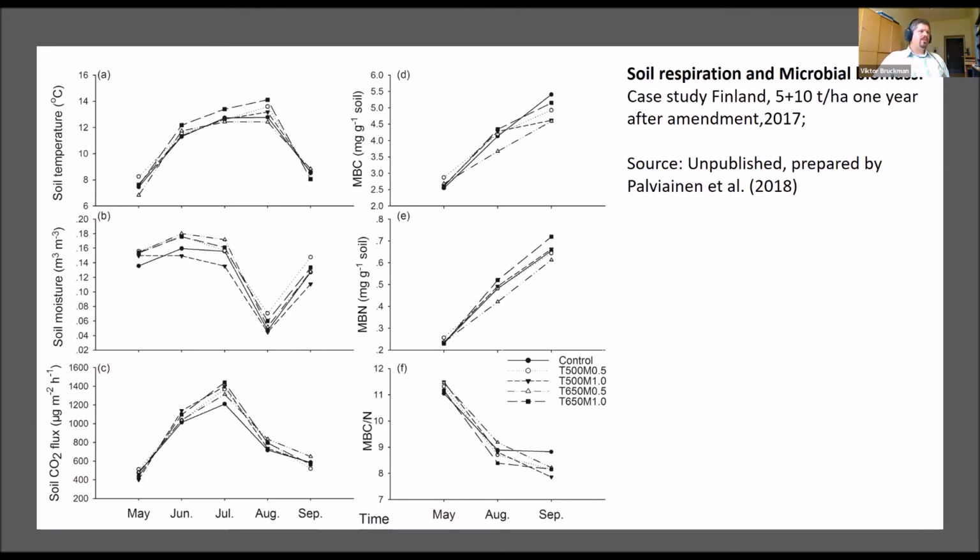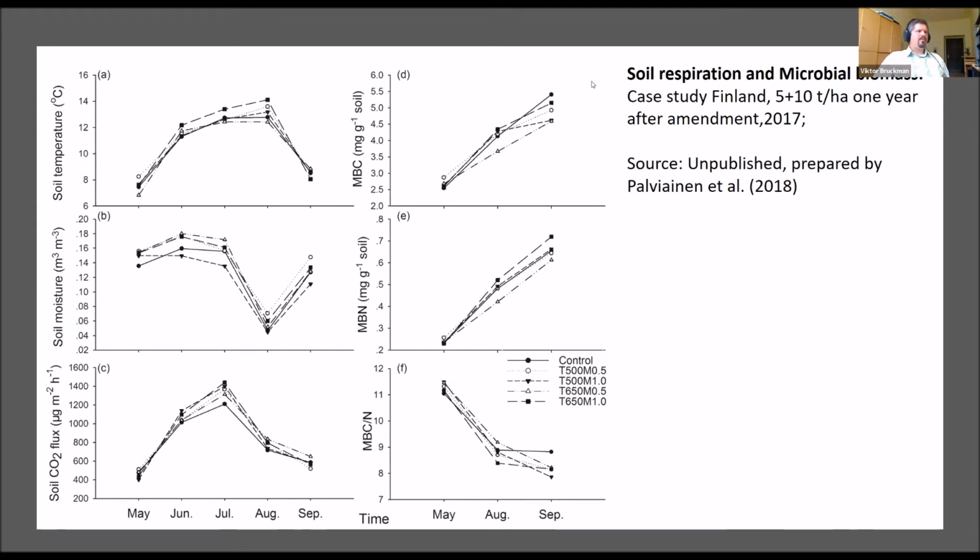Again, as you saw in previous slides, soil respiration depends on soil temperature. So if you take the upper figures A and B together, the consequence would then be C. So the temperature is important, but also, of course, the soil moisture. If it's a condition of drought, which was obviously here in August, the respiration is also going down.